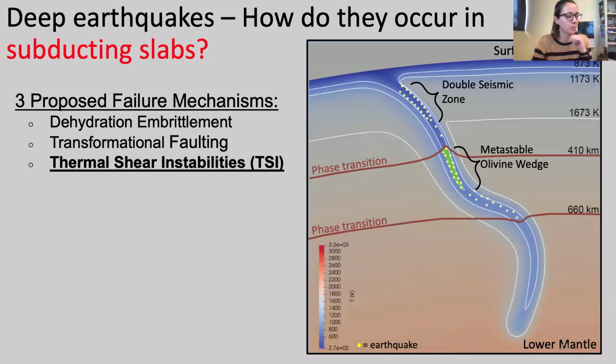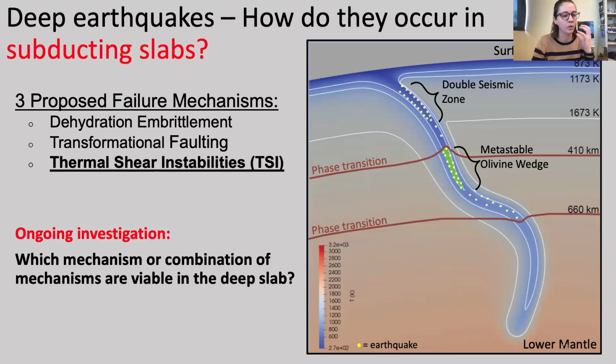I'll return to thermal shear instabilities later in the talk and talk about them in more detail. But overall, the question of which of these mechanisms or combinations of mechanisms are viable in the deep slab is an open one, and whether they're active in all slabs or at different depths in the slab.